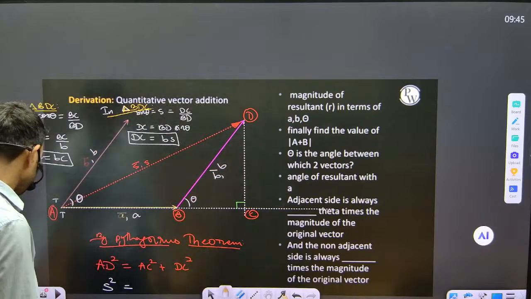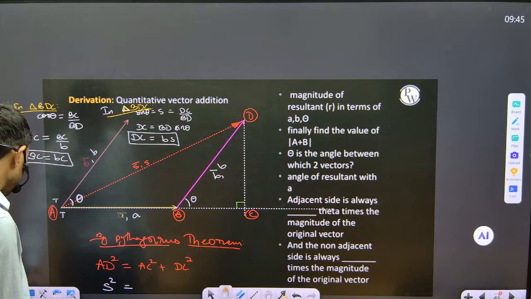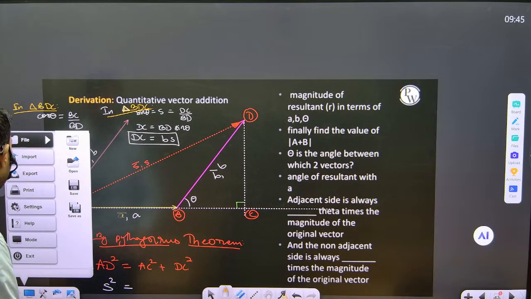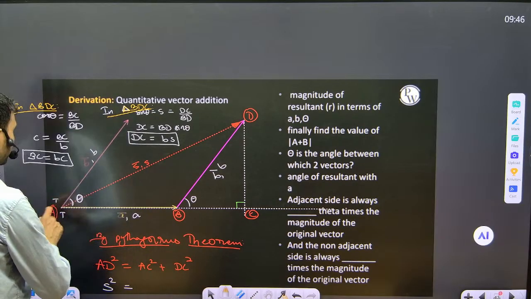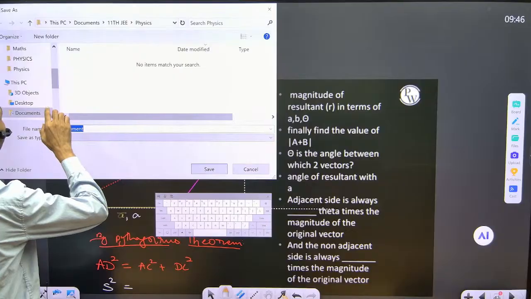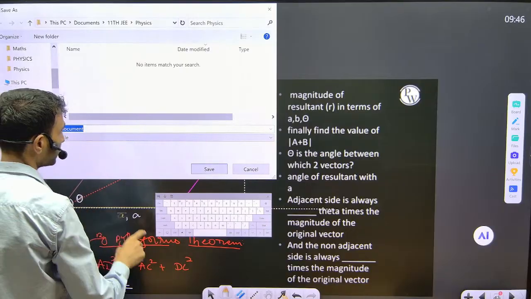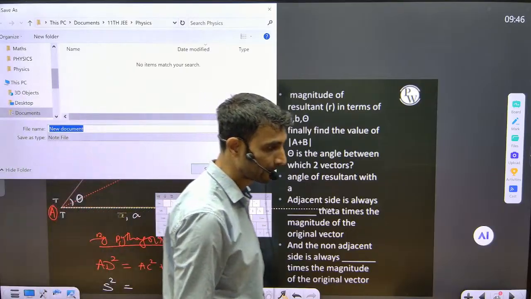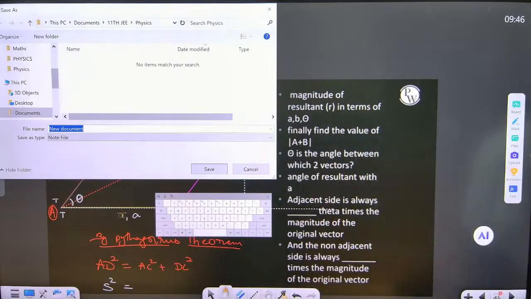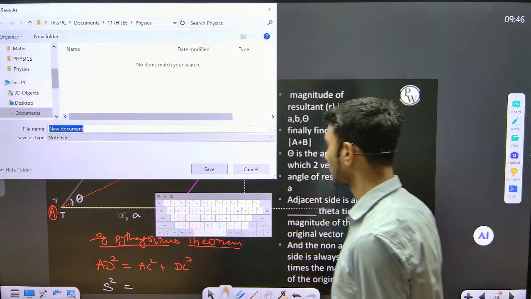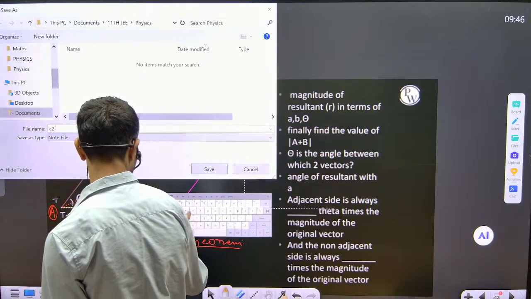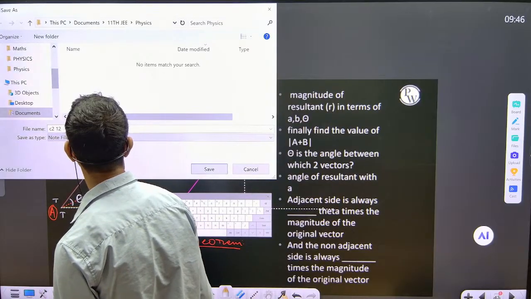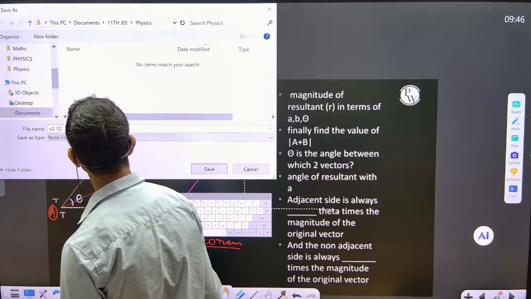As of now, let me save the files. What's the date today? It's 12th. So it is C2 12th, right? 11th J physics documents.